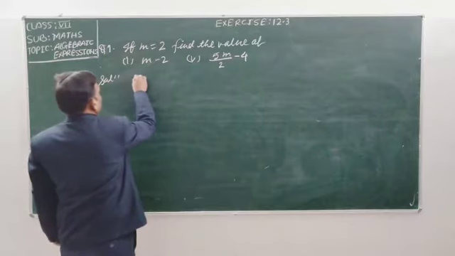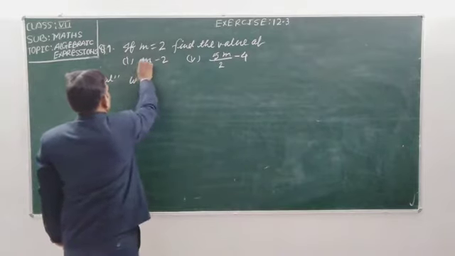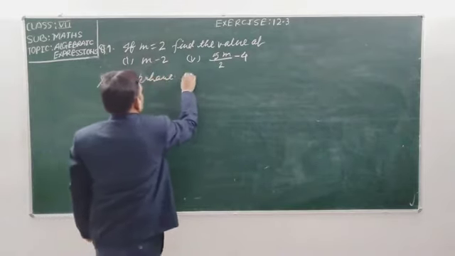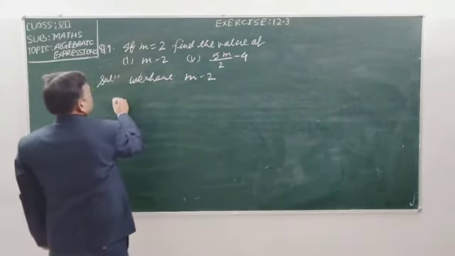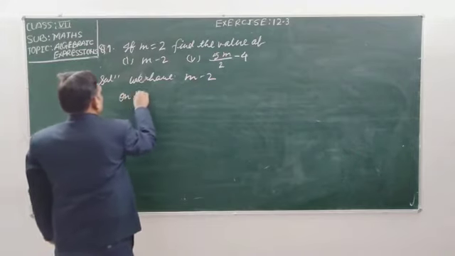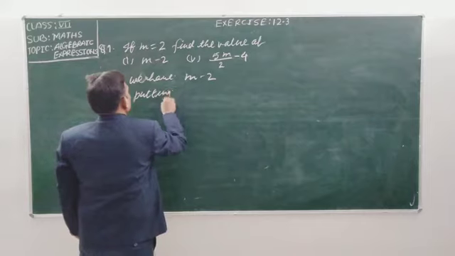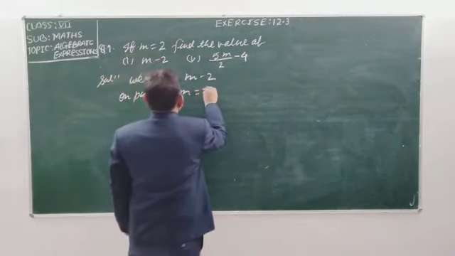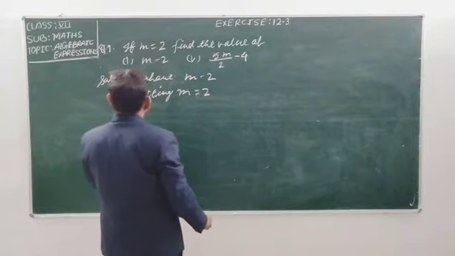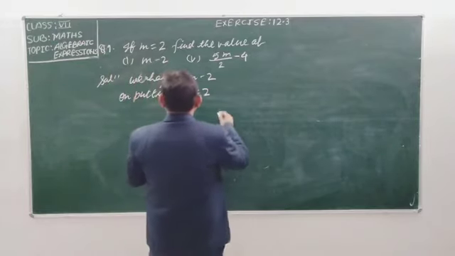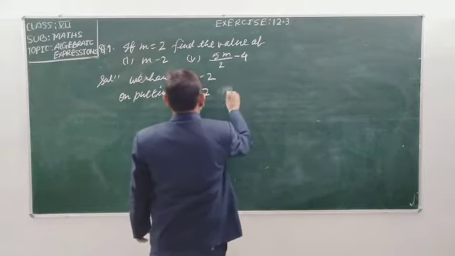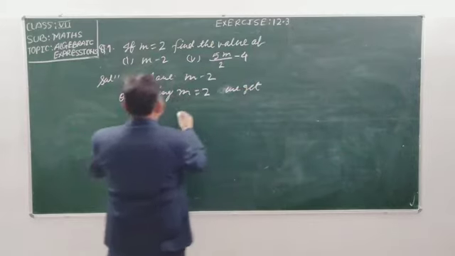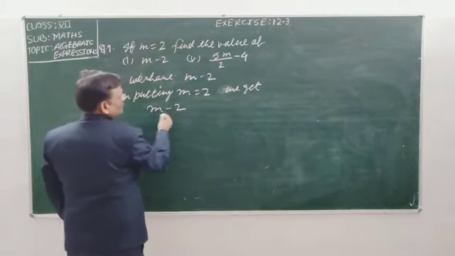We have m minus 2, and on putting m is equal to 2, we get m minus 2.